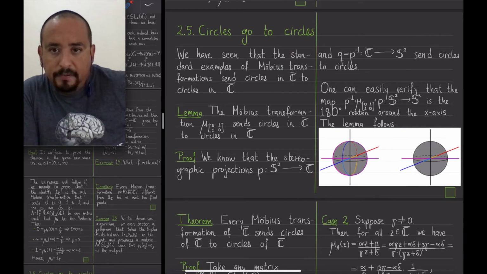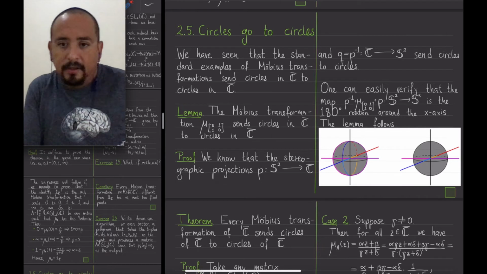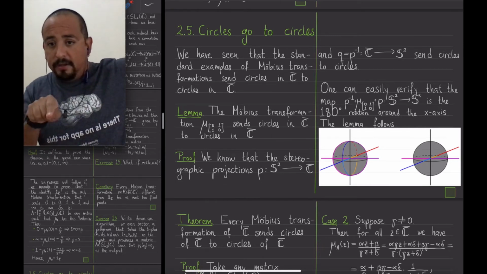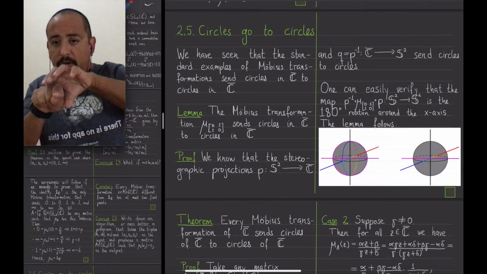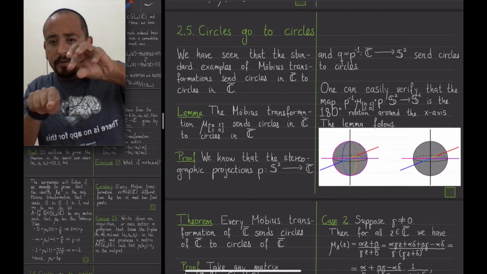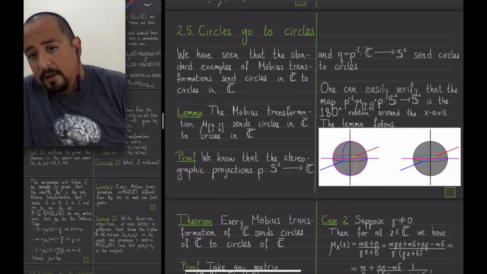It is obvious that translations send circles to circles. It is obvious that homotheties send circles to circles. Now, circles not necessarily centered at the origin. So the origin here, and we know that circles there go to circles also centered at the origin. But if it's not centered at the origin, it's still a circle.